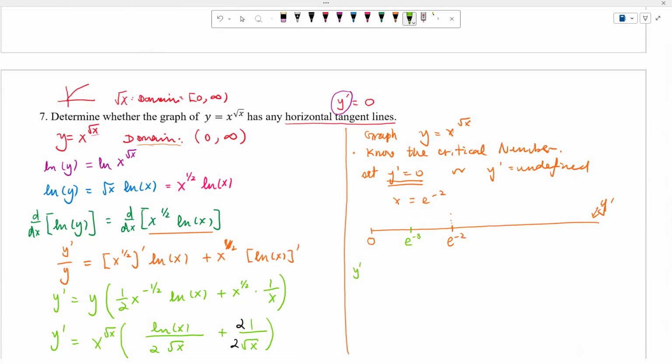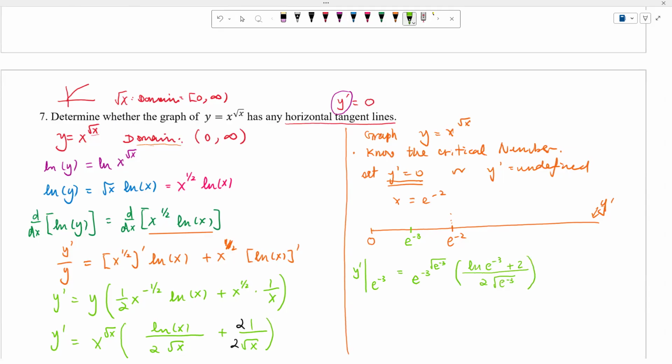So I have y prime at e to the negative 3, which is equal to e to the negative 3 raised to the power of e to the negative 3, and then natural log of e to the negative 3 plus 2, over 2 times square root of e to the negative 3.